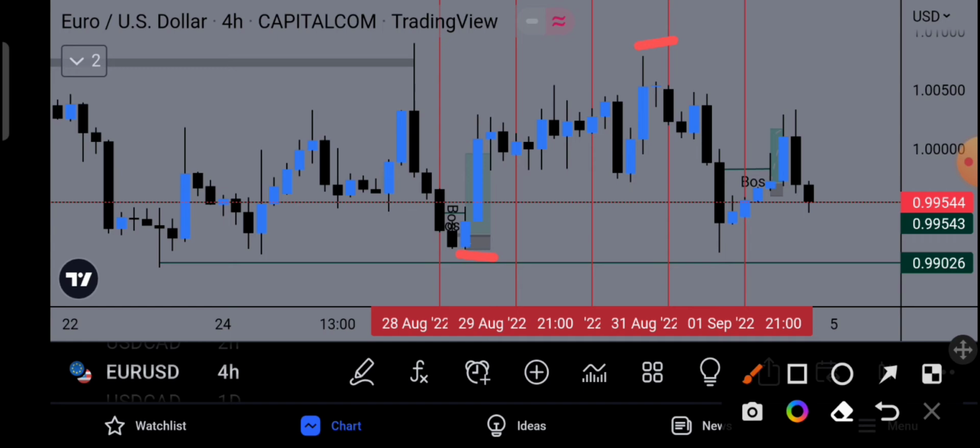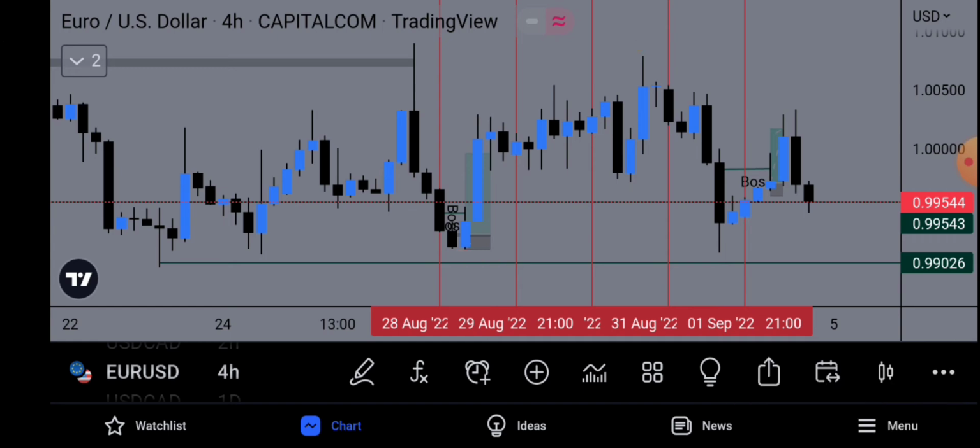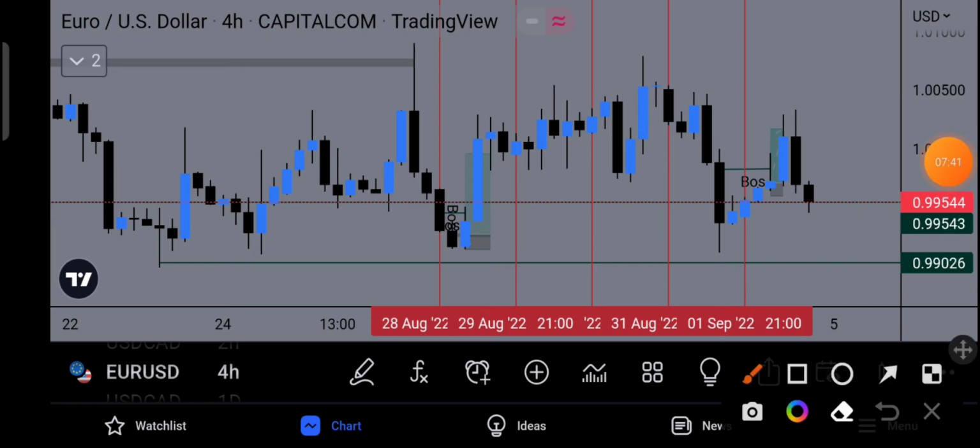After looking at the daily, now you come to the individual days. Although this is the 4-hour time frame, it helps you see everything clearer. This is the high of Monday, and this is the low of Monday. Then on Tuesday, nothing really happened. Tuesday was literally consolidating.